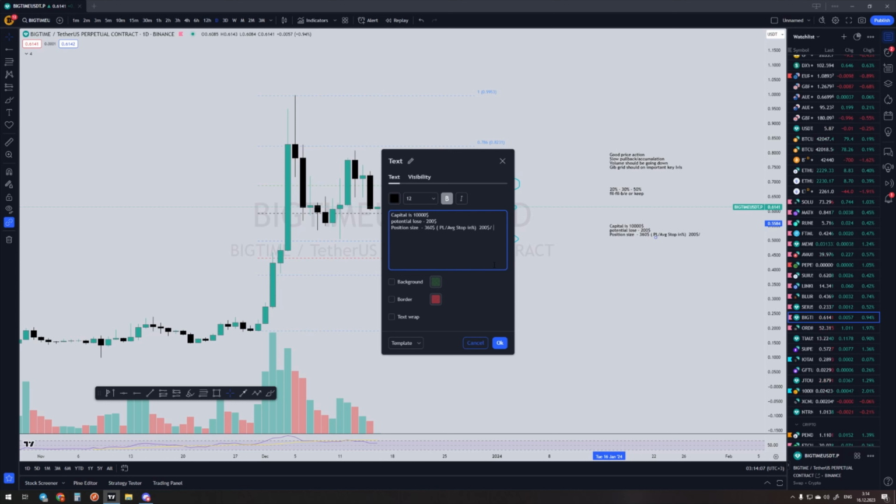So in this case divide by 0.56, and this is how I calculate my position size.